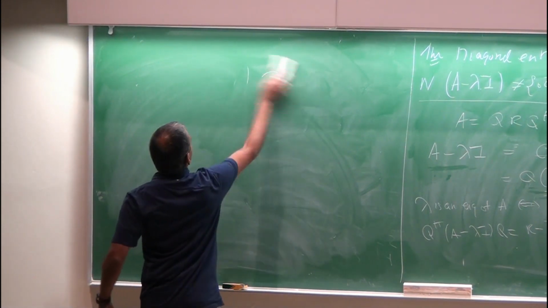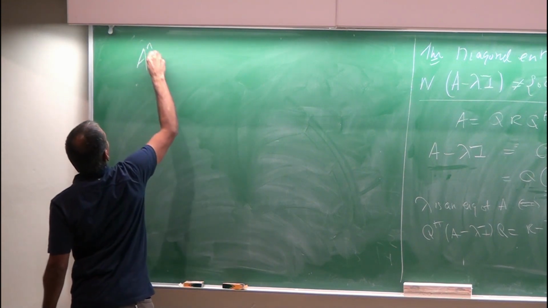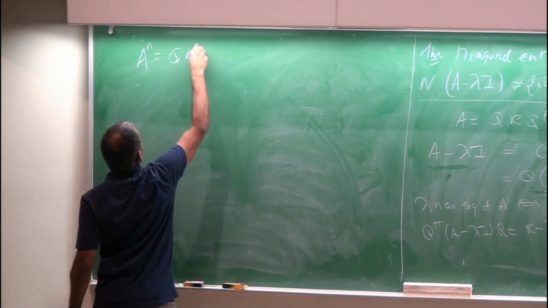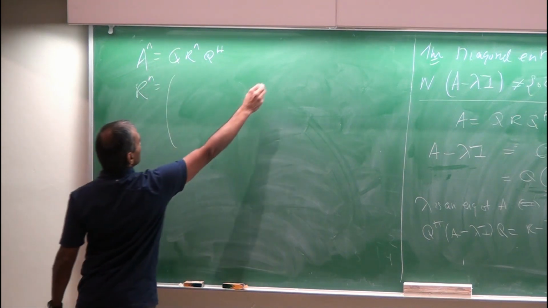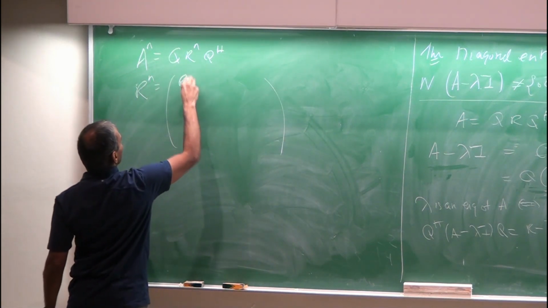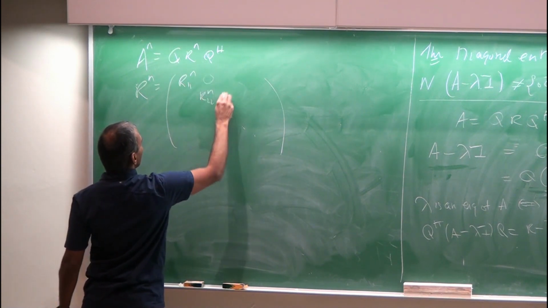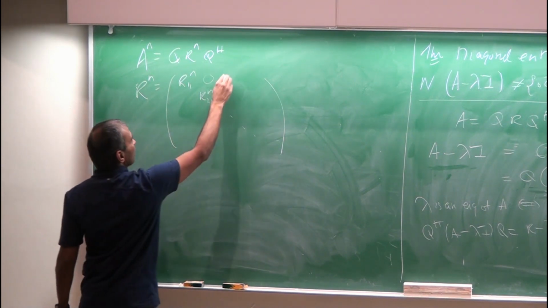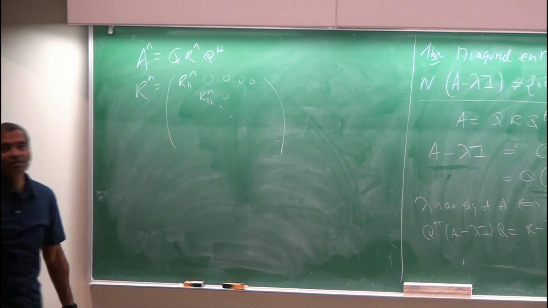However, remember what we were after originally was computing A to the power of n, which means we have to compute R to the power of n, and we know that R to the power of n is hard to compute because other than the diagonal entries, everything else is hard to do. There are formulas for these which are not too bad, and then the formula for the next one is even harder, and harder and harder as you go away from the diagonal.